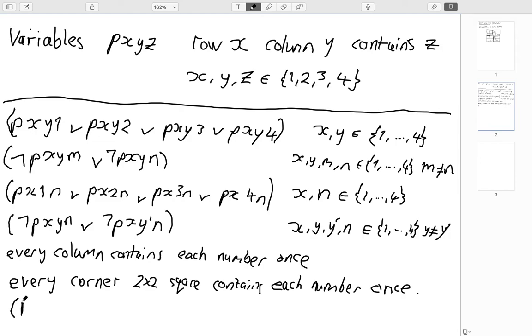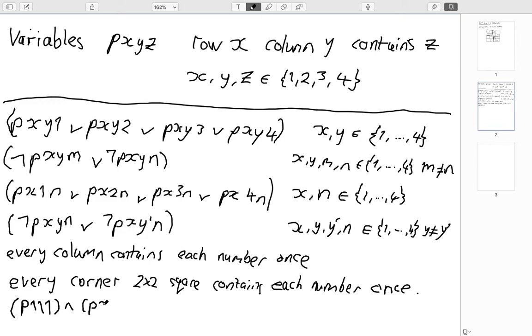So for this particular puzzle, the number 1 is in row 1, column 1, and the number 2 is in row 2, column 2.